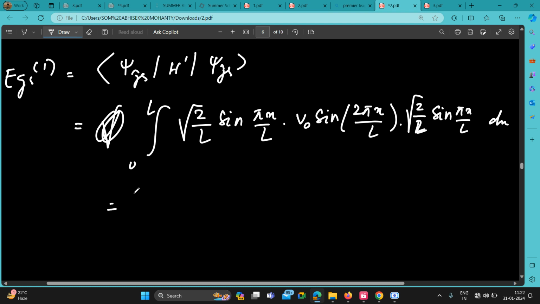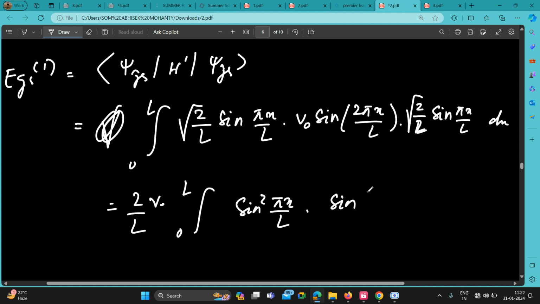That will give me 2 by L will come out, V naught will come out, 0 to L. Now this is sine square pi x by L into sine 2 pi x by L.